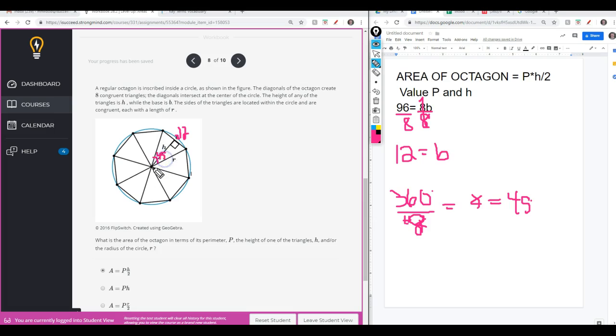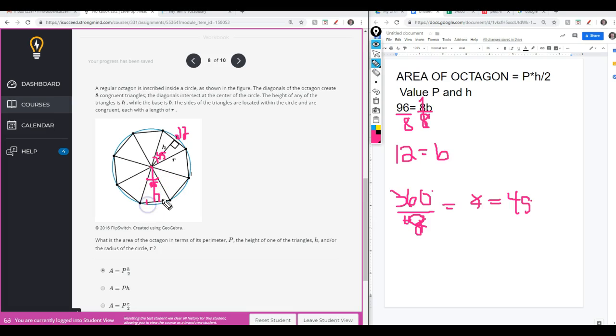I'm going to redraw it over here so you can see it a little bit clearer. So this is 45 degrees right here. And we know that this H, the apothem, cuts this to the midpoint.